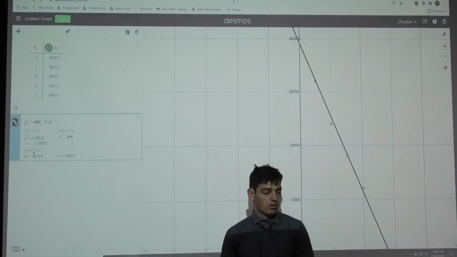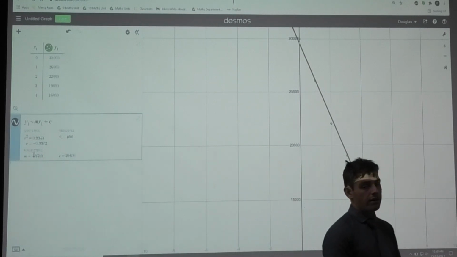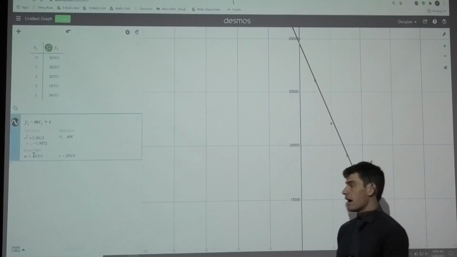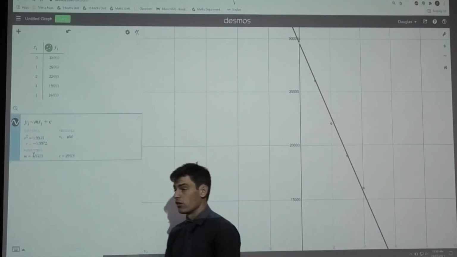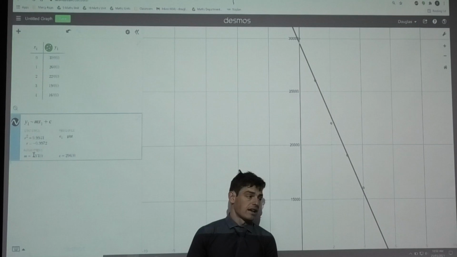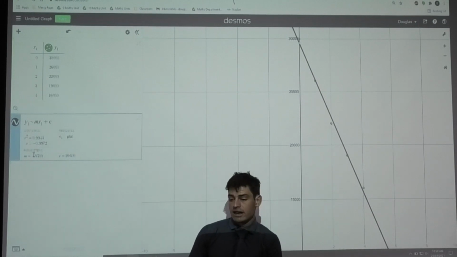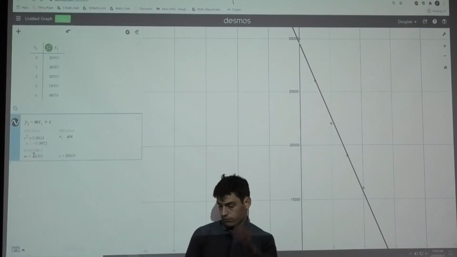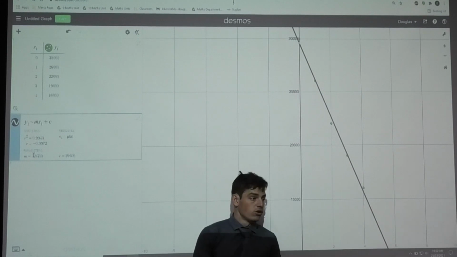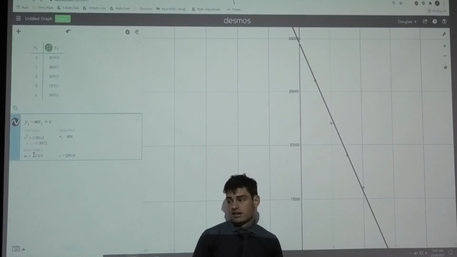This is what you should be writing in your book. R squared is a correlation value. I'll say that again. R squared is a correlation value. R squared is our correlation value.